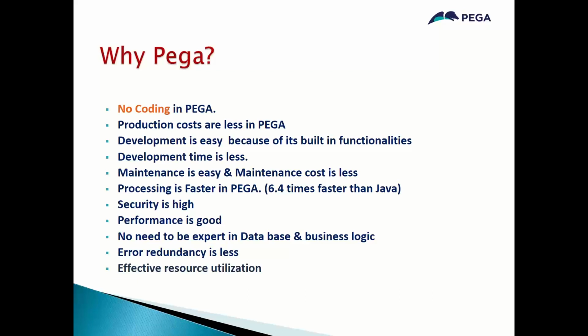Integration is another important factor in Pega. Nowadays application-to-application integration is very common in any technology. For example, in a bank application, we can pay credit card payments from other banks. We can pay utility bills, like internet bills, electricity bills, water bills, anything.